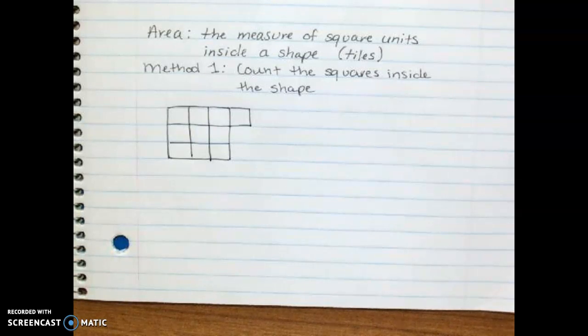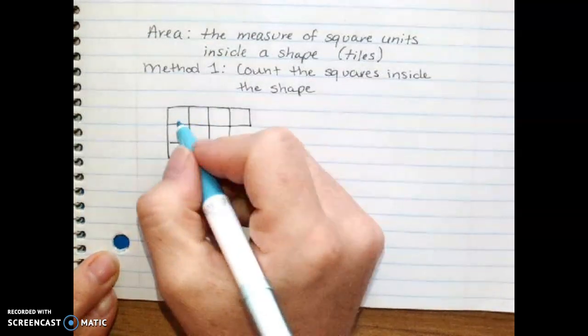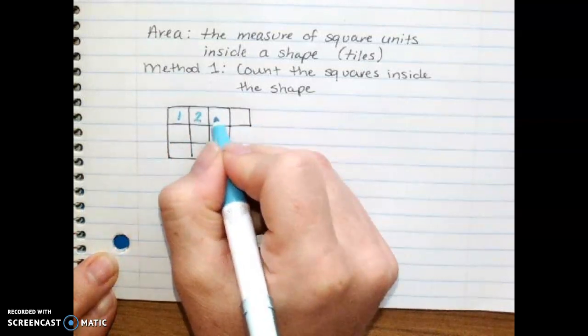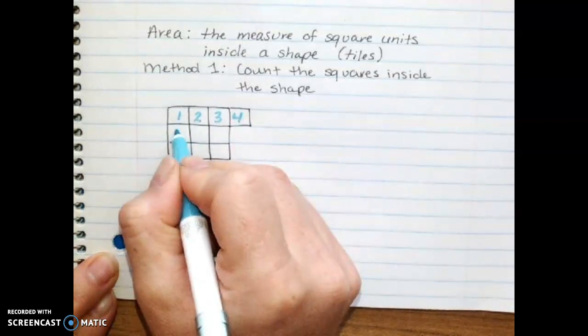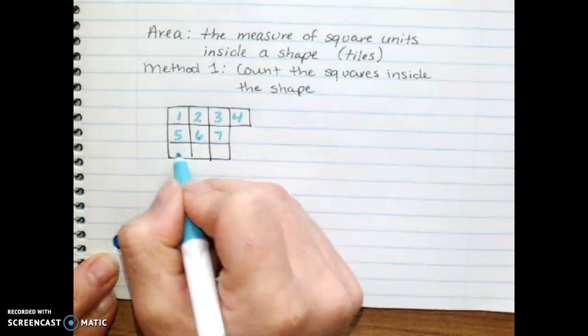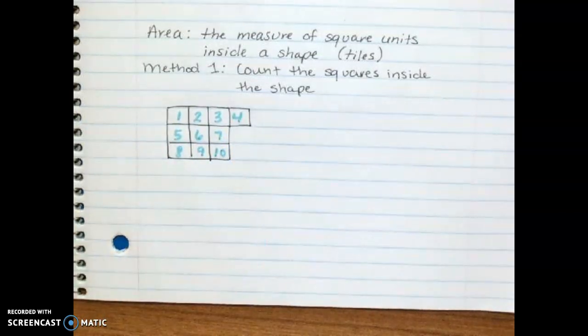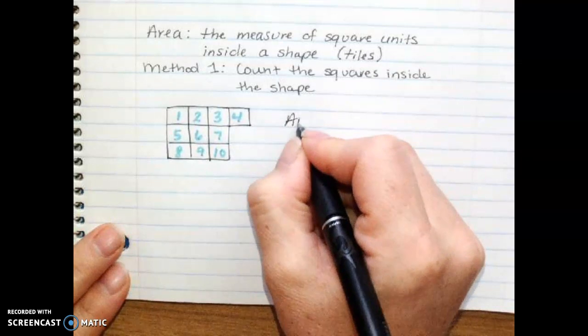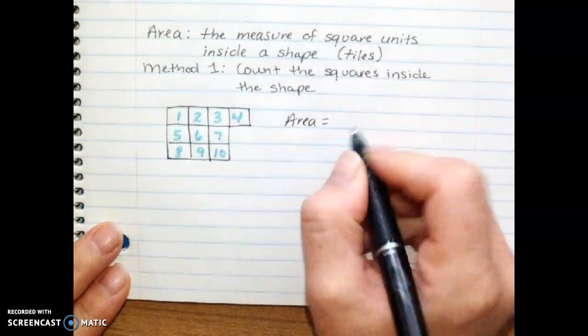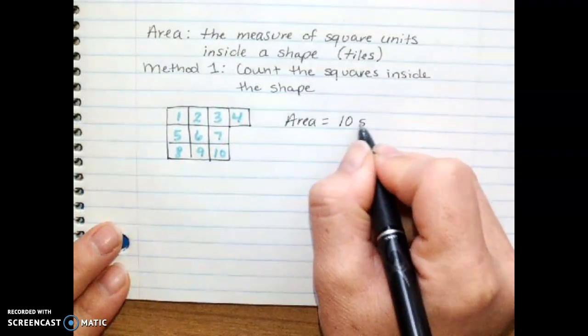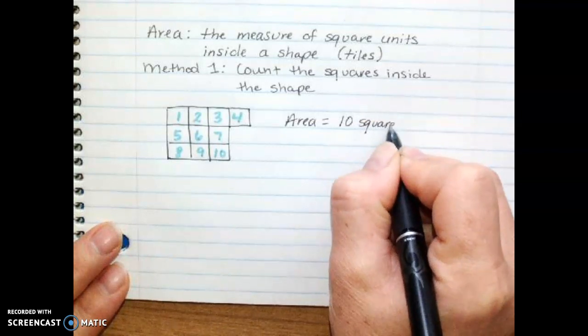To count the area, I'm going to number the tiles inside. 1, 2, 3, 4, 5, 6, 7, 8, 9, and 10. The area of this shape is 10 square units.